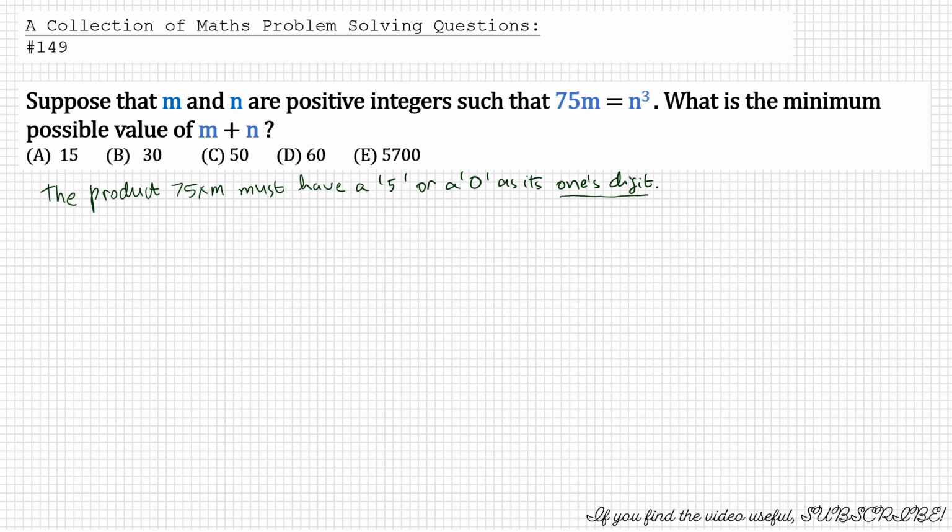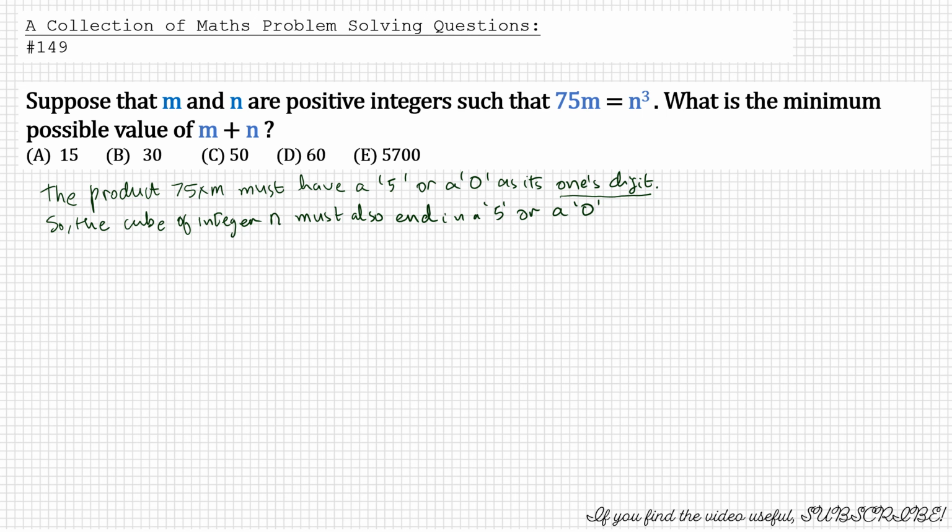So it's only the ones digit we are interested in here, and so the cube of integer n must also end in a 5 or a 0.